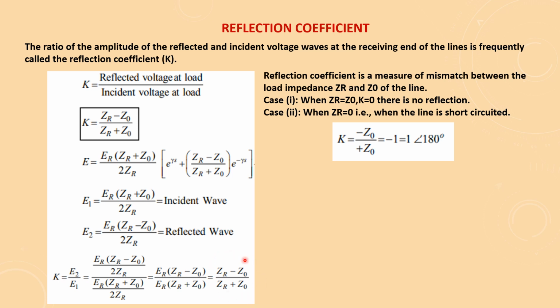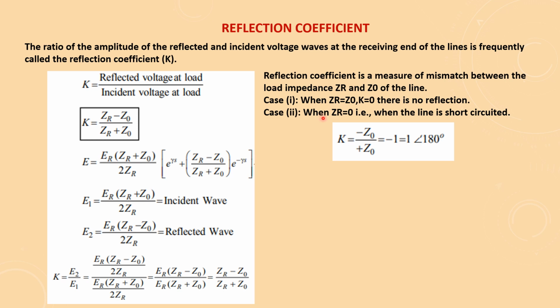Based upon this reflection coefficient, we can say whether there is reflection or not. For example, we consider three cases. First, when ZR is equal to Z0, that is, the receiving end is perfectly terminated by its characteristic impedance, K becomes 0. So if the reflection coefficient is 0, there is no reflection at all.